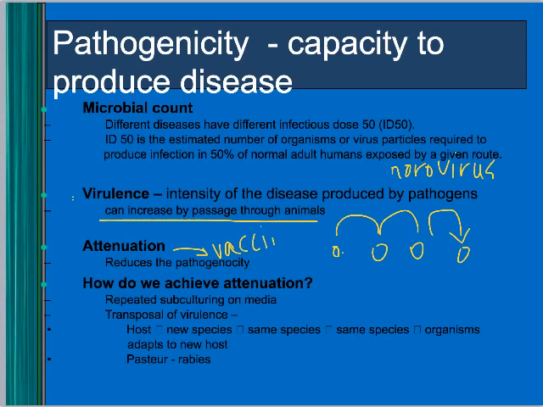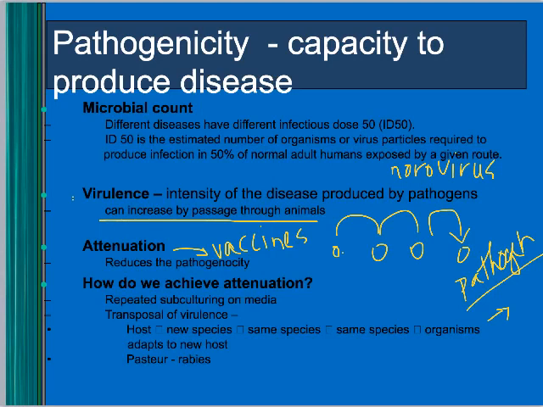We take a pathogen and modify it enough so that the immune system can have an immune response to it, but it doesn't make us sick. That's the idea behind making vaccines and attenuating something.